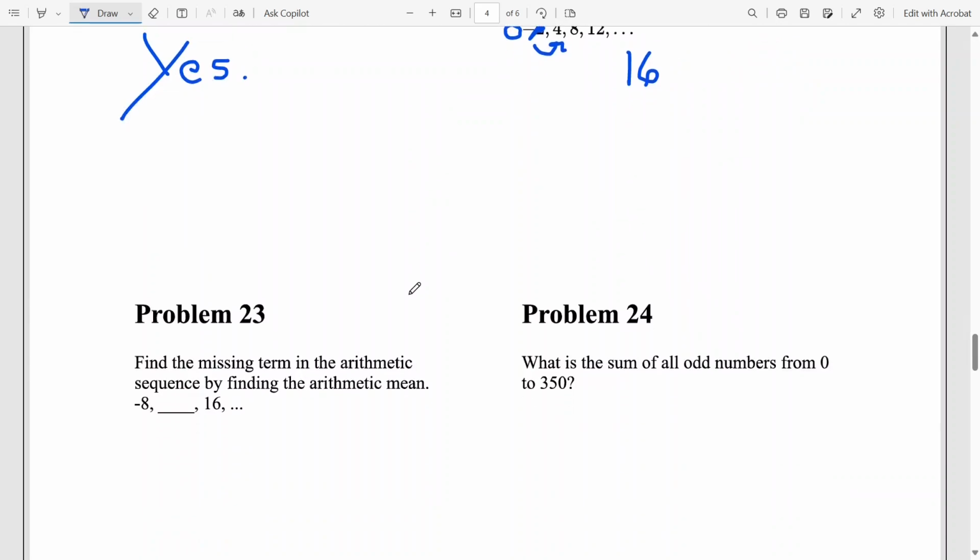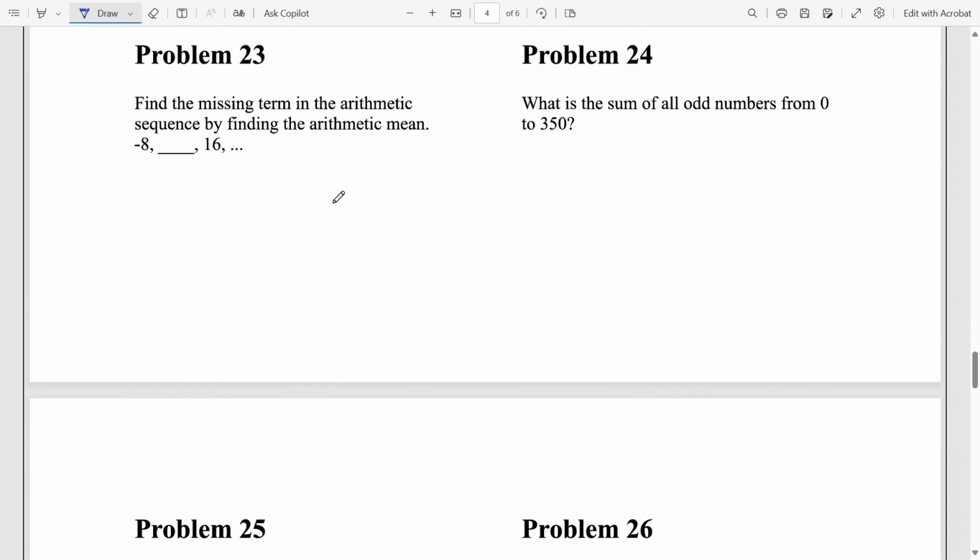All right, next one, problem 23. Find the missing term in the arithmetic sequence by finding the arithmetic mean. Okay, so we're going to add these two numbers and divide by 2. So -8 plus 16 divided by 2.